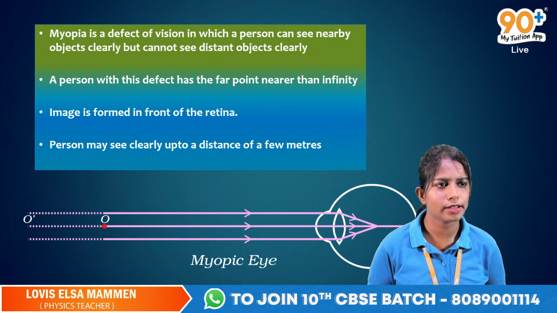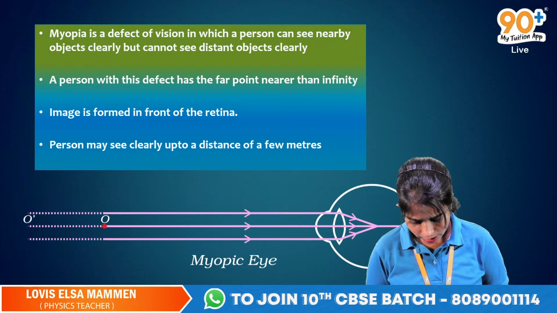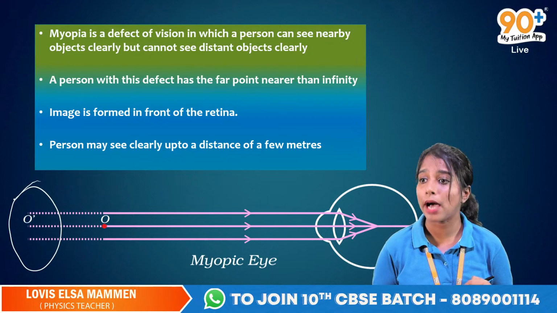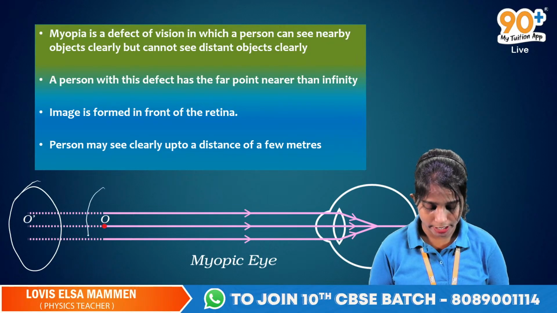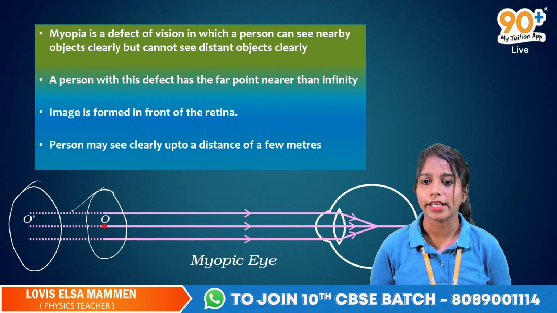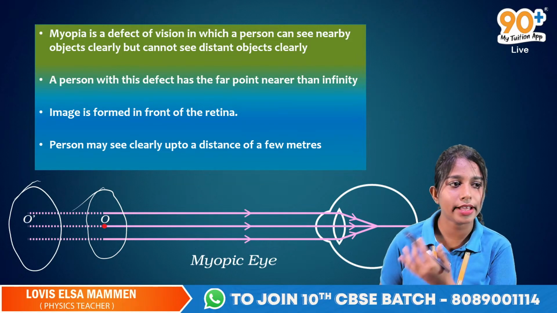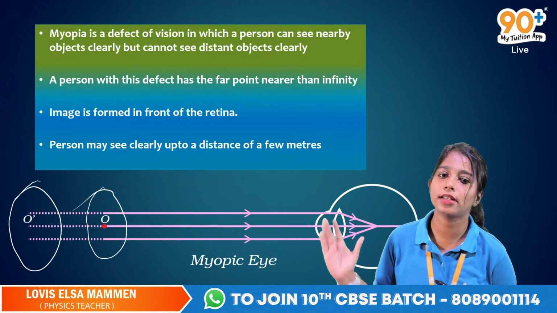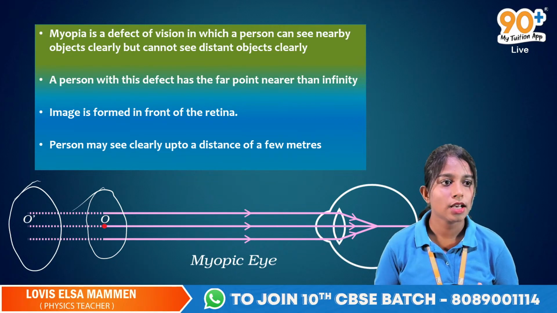Got it? The far point does not go all the way to infinity. It is nearer than infinity. So that is the reason.